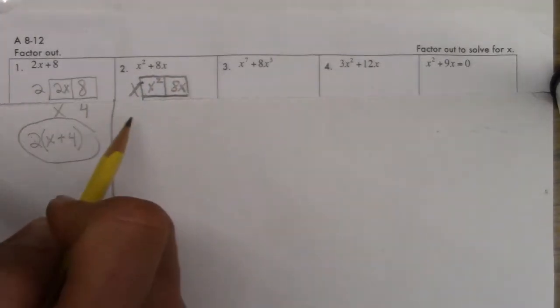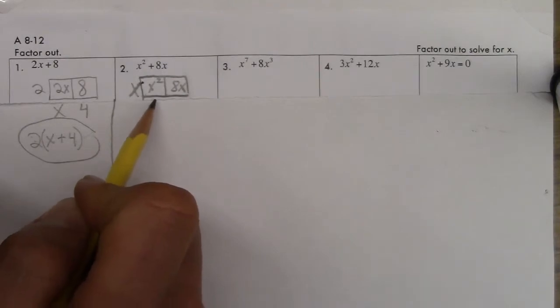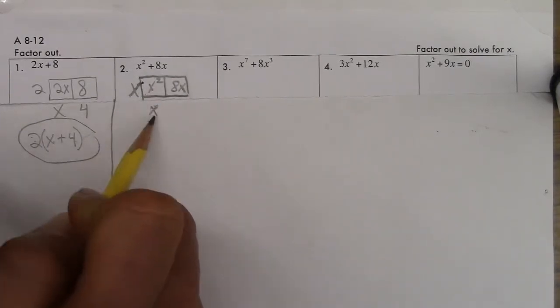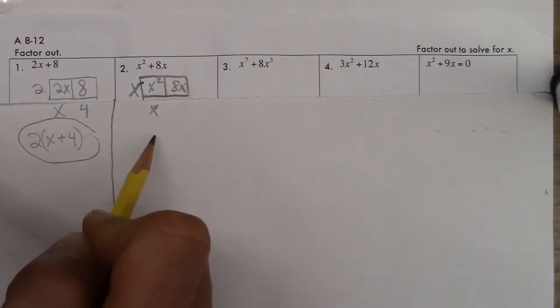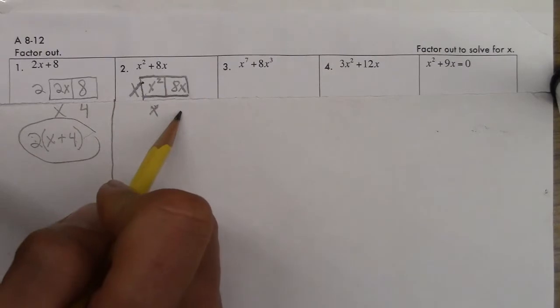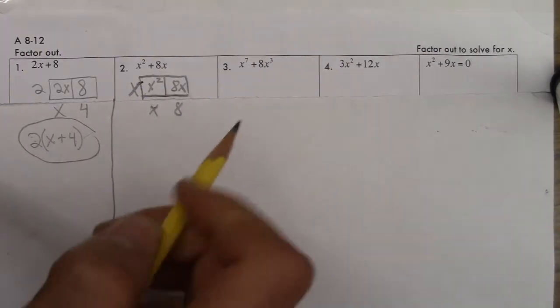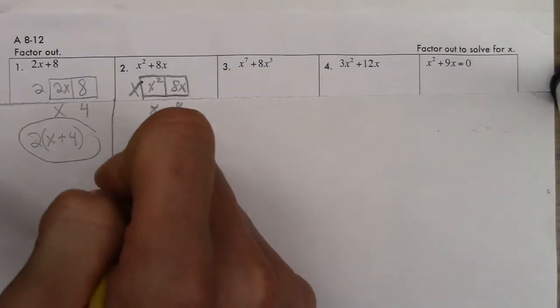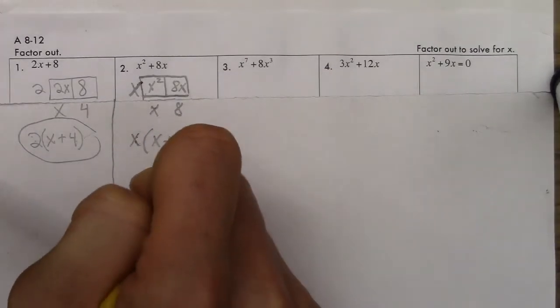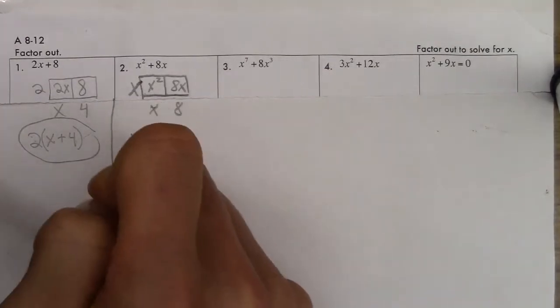X times what is x squared? X. We had 2 x's multiplied together, we took an x out, and now there's 1 left. And x times what is 8x? 8. So now we pulled out a factor of x. So x times the quantity x plus 8 is your final answer.